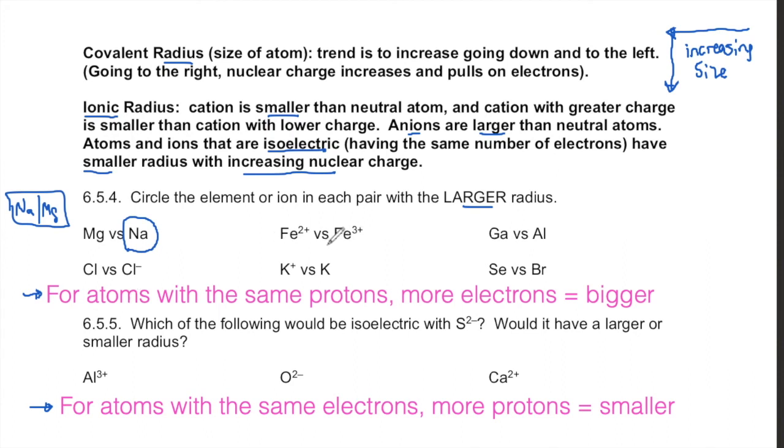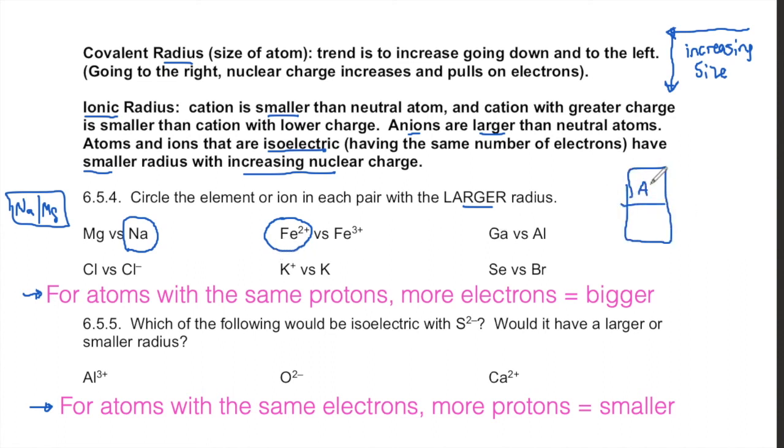Here we have two iron ions. They have the same number of protons, so more electrons is going to make this bigger, and iron with just 2 electrons missing has more electrons than iron with 3 electrons missing. Having an additional electron go missing is going to make it smaller, so this iron is going to be larger.